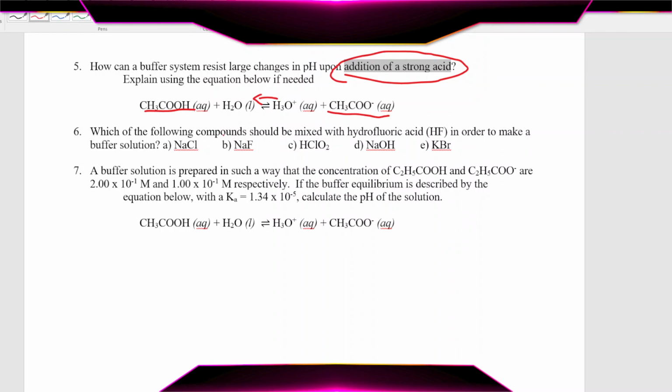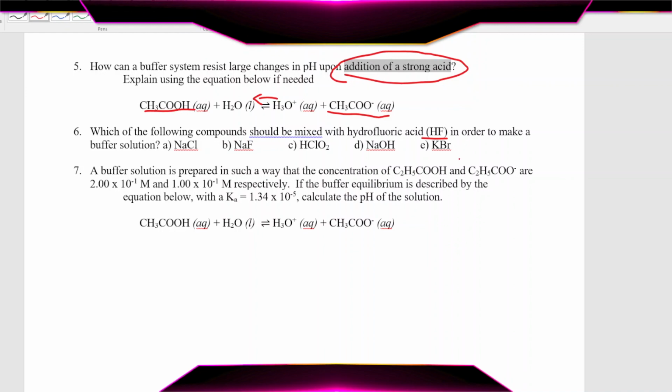So another question is, which of the following should be mixed with hydrofluoric acid in order to make a buffer solution? It's a good question. So remember that HF is a weak acid, right?